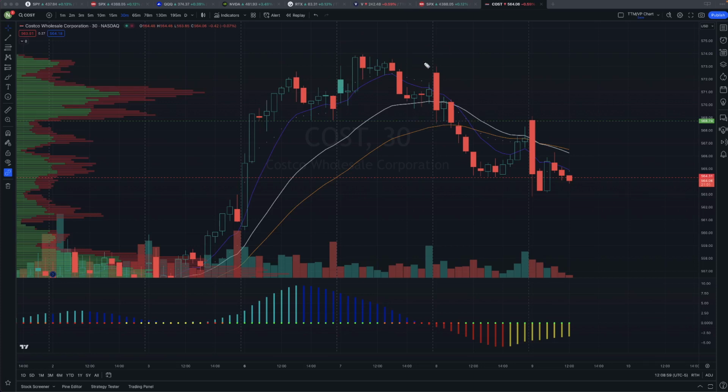I'm guaranteeing there were people in here that were still trying to take this trade long, that were trying to position themselves for a long trade. And I'm also betting that when it broke this level, they did not get out.